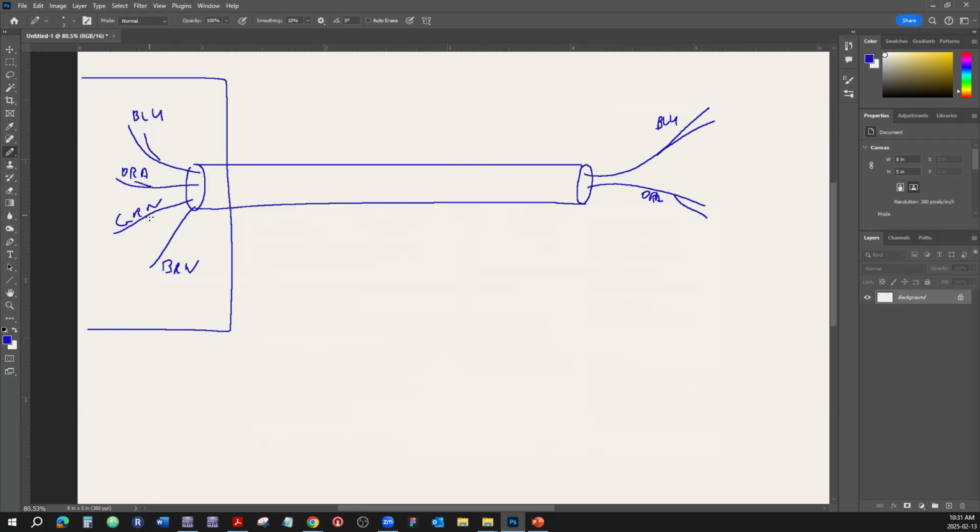Every pair has tip and ring. Now, let's say telephone line 1 is going to be connected to the blue pair, and line 2 is going to be connected to the orange pair. And these two here, green and brown, are just going to be ignored. This cable is capable of delivering 4 telephone lines. We're going to connect 2. That's what the service call order was for.